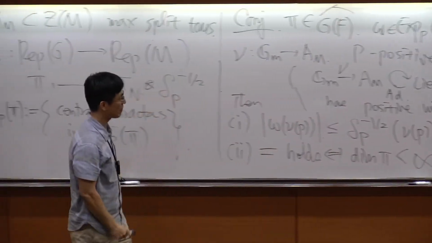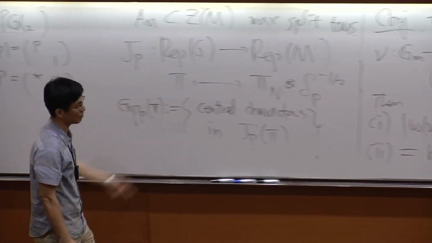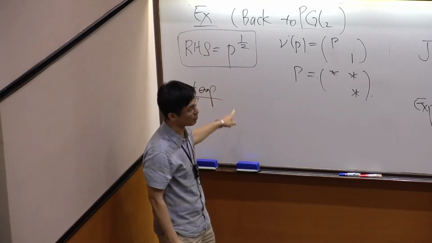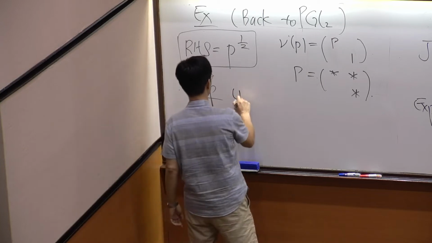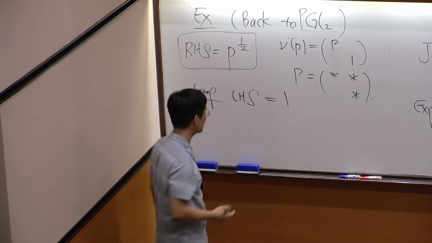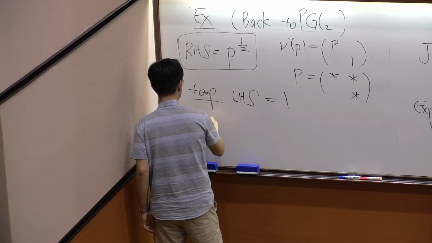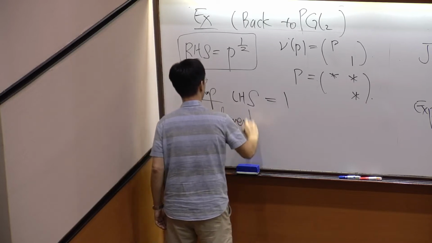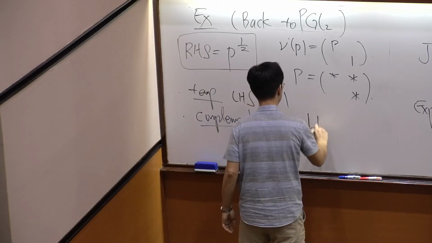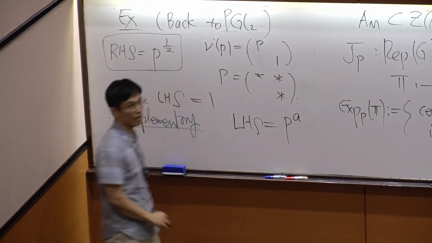In part 1, what are the central characters of Jacquet modules in the case of PGL2 in the picture I described? If you have a tempered principal series, then the left-hand side is going to be just 1. So the Jacquet module remains unitary. So it's less than or equal to p to the 1/2. Complementary series, where a was between 0 and 1/2, you're going to get p to the a.